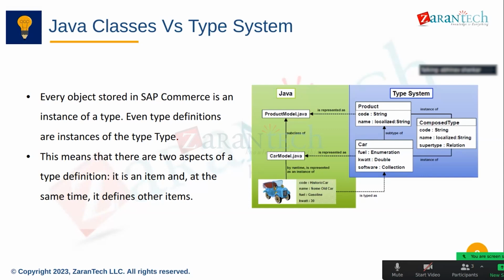Human is one class, and inside the human, different body parts are there, like eyes or hands. These are attributes. In the same way, in a car we must have the fuel, and what kind of fuel it is: an enum, a double value or a string value.